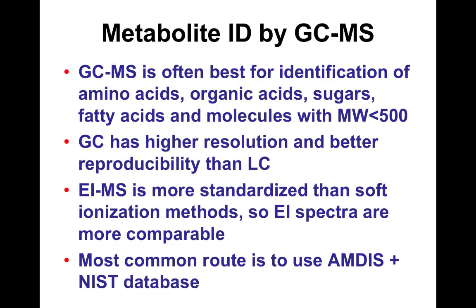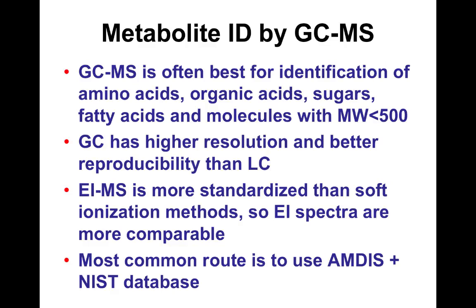We talked about how its resolution and chromatography, the plate count, and reproducibility is much better than liquid chromatography. A key advantage of EIMS over LCMS is it's highly standardized. So the EI spectra that were collected on one instrument compared to another instrument, from another generation, are still very, very similar.